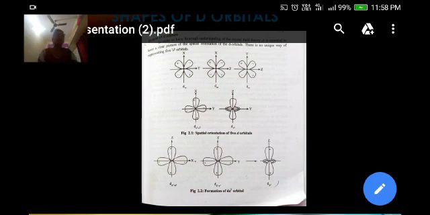But remember, electron density is not present on the principal axis. All these three orbitals have the same behavior: their electron density is present in between the principal axes.